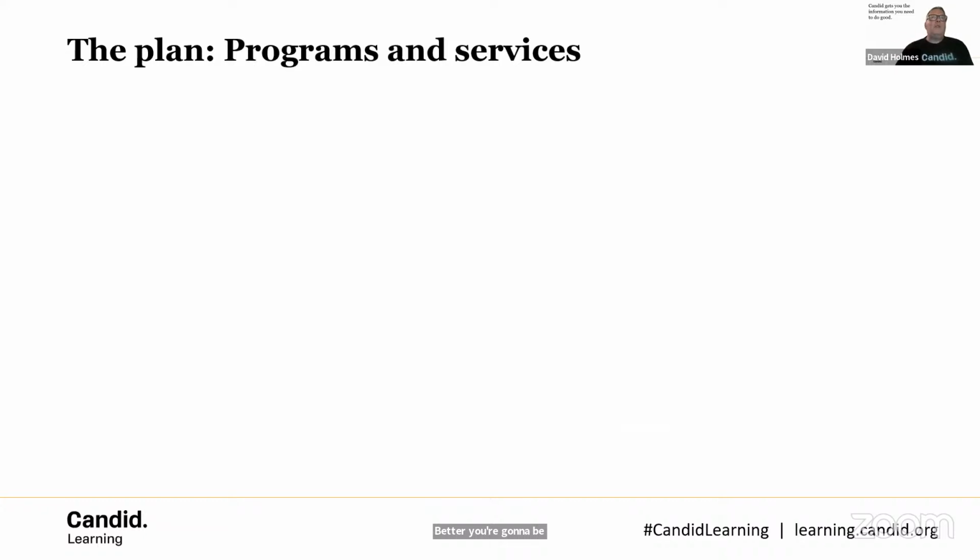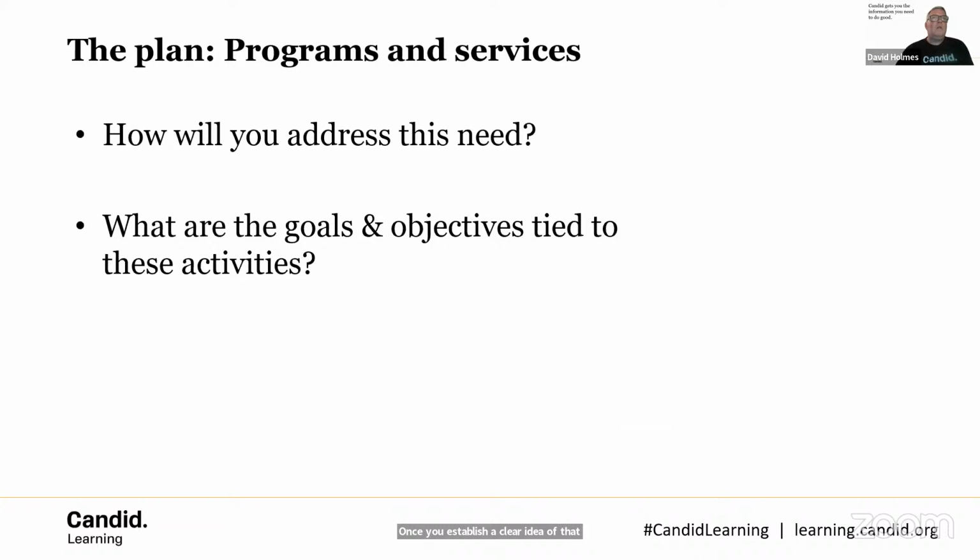Once you establish a clear idea of that need, the programs and services that your organization creates should address this need. We teach in another class, Intro to Measuring Your Impact, about getting a good sense of what your programs are going to do through using something called a logic model.